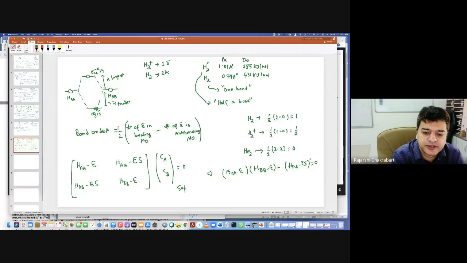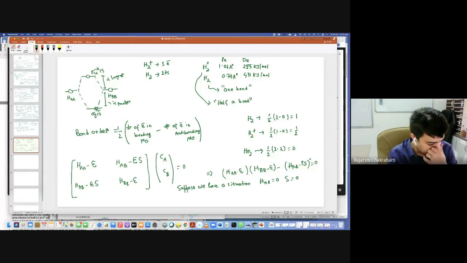Suppose you have a situation. What is the situation? The situation is such that your HAB is 0 and S is 0. S is called the overlap integral, and HAB has a name. How many of you know the name?